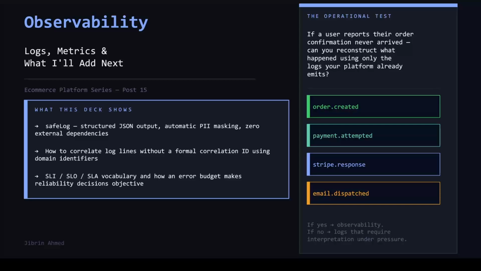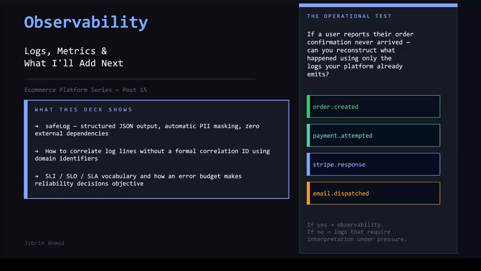Observability is the ability to understand what your system is doing from its external outputs without modifying or redeploying. Here's the operational test I use. If a user reports that their order confirmation never arrived, can I figure out what happened using only the logs and data my platform already emits?